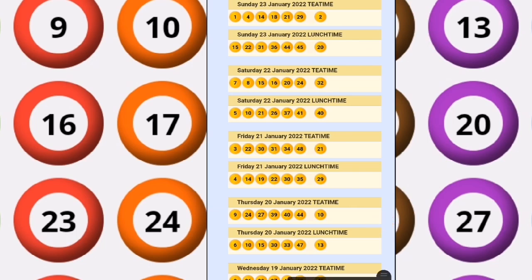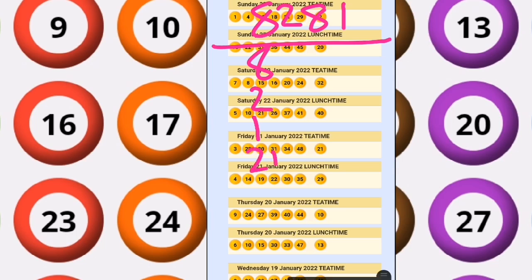So guys, first one, our code for today is 8281. All right, 8281. This is our code for today. So the possible numbers that you can see from this code: we have 8, we have 2, we have 1, we have 21, we have 18.